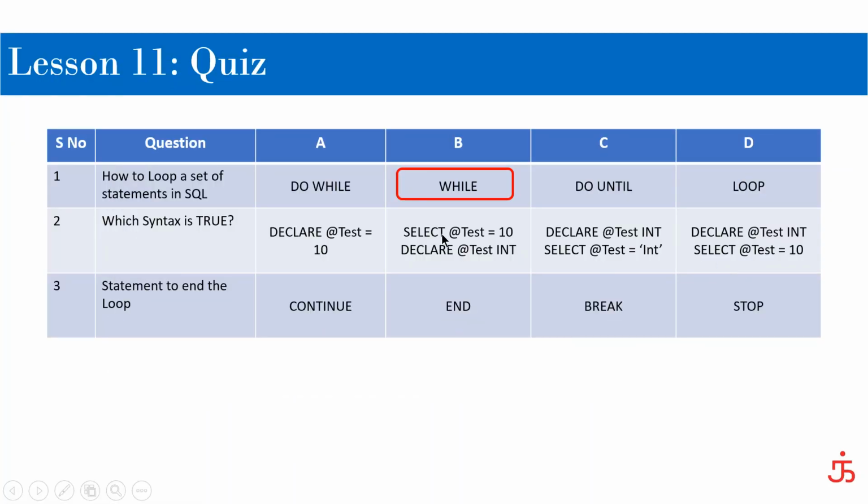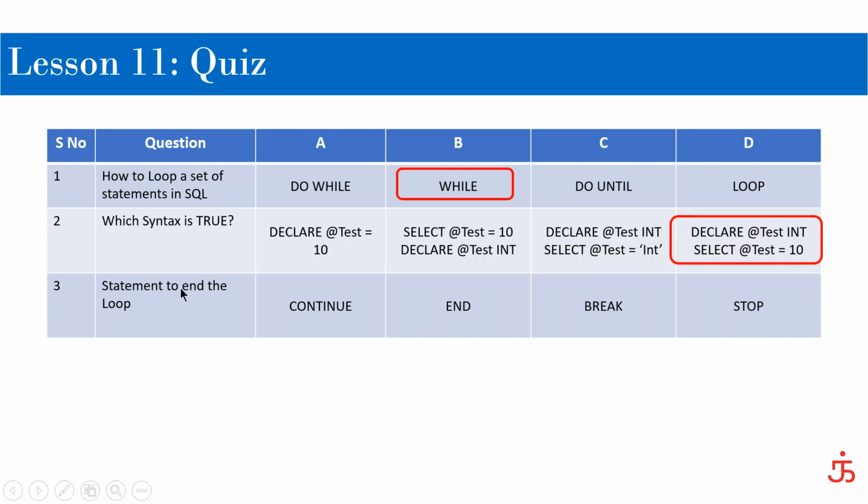Okay, 2D is the right answer because A is not right: we cannot declare and assign, we cannot combine them into a single statement. Some programming languages allow it, but SQL does not. And here we have used the variable first without declaring. SQL throws an error message. We cannot use a variable without declaring, so declaration should come first. And for this one, we have declared it as an integer, but we are assigning a string value. It will fail. So what will work is this: declaration as an integer and then assigning an integer value.